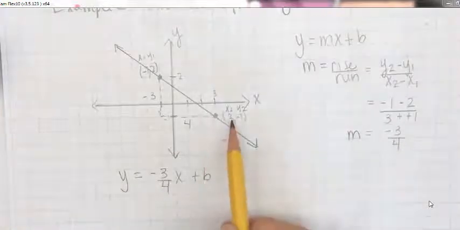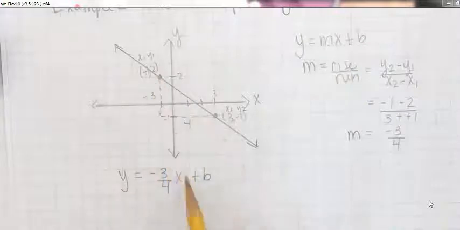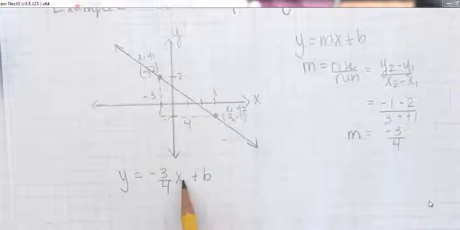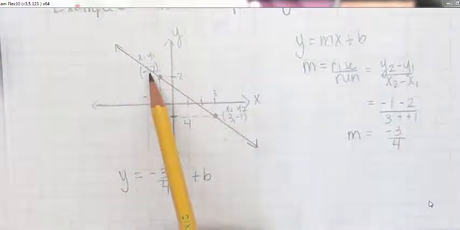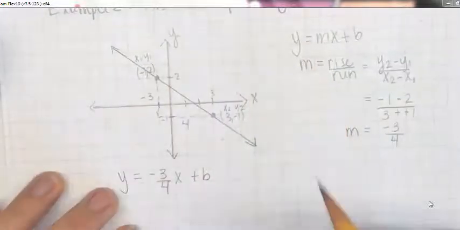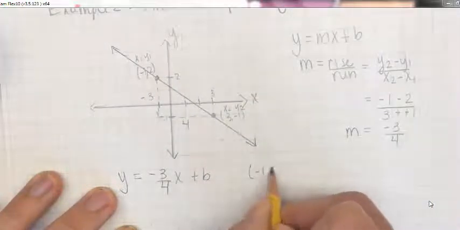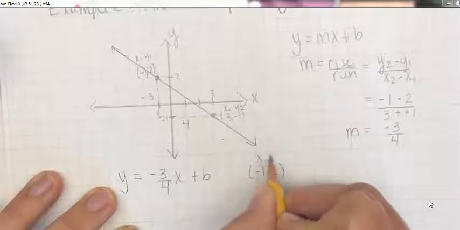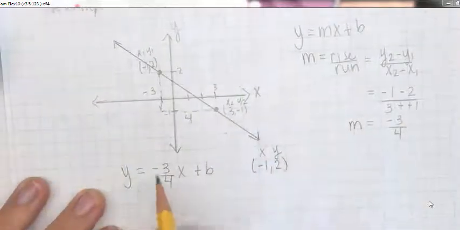I can choose one of the 2 points that I have, because these points both have an x and a y. So I can substitute one of those points in for x and y, and the only unknown then will be b. I'll just use this first point, negative 1, 2. So this is my x value, this is my y value, and I'll substitute them into my equation.